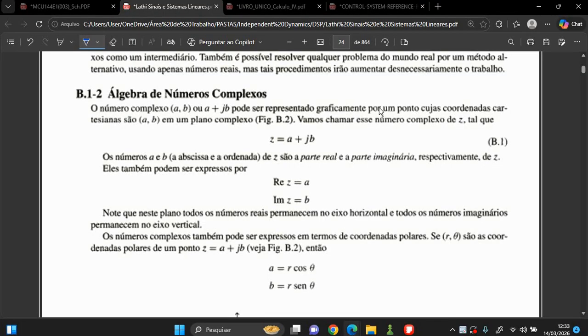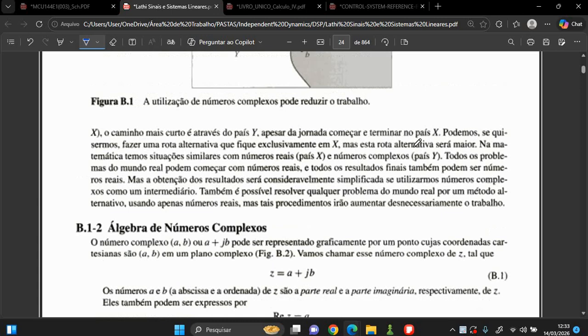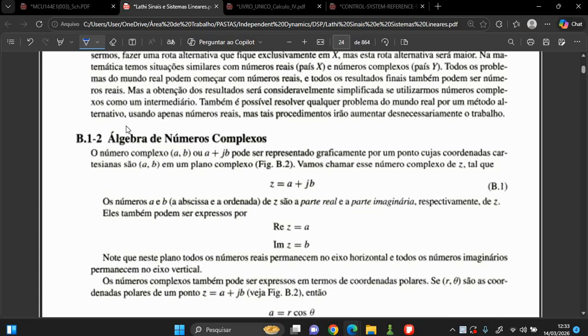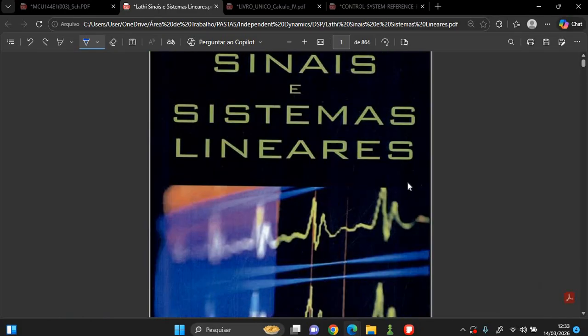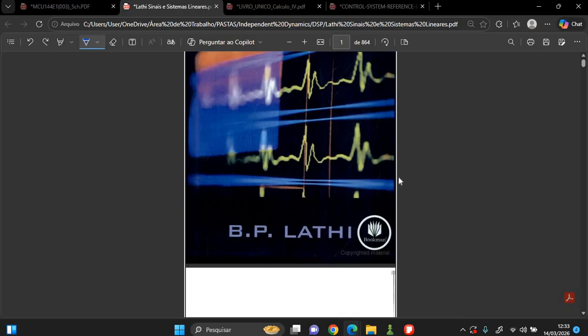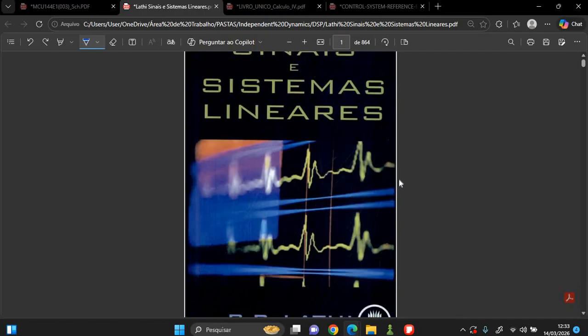We use this book to cover this topic, complex numbers, algebra of complex numbers, which is from this book. Okay.